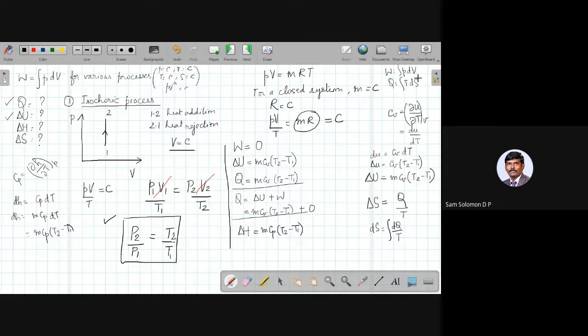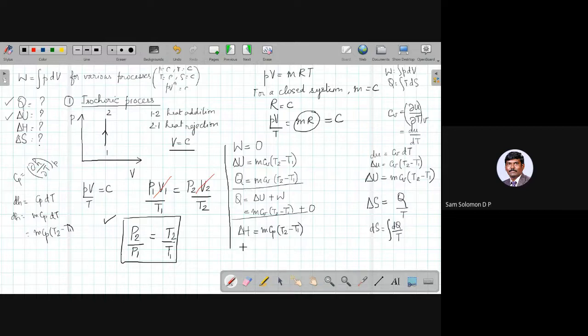Now I want ds, and so I'm writing this as ds is integral of dq by T. Okay, so that is how we get this equation, and we will be talking about this a little bit later on. So for the time being, you accept what I'm saying is right.